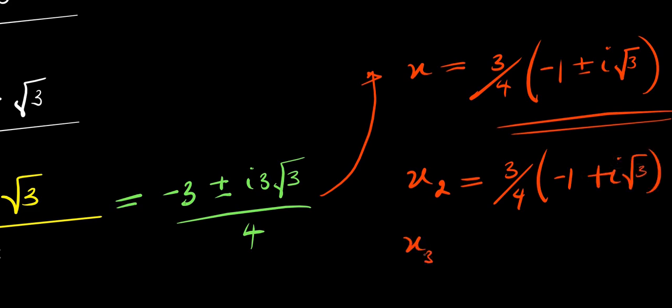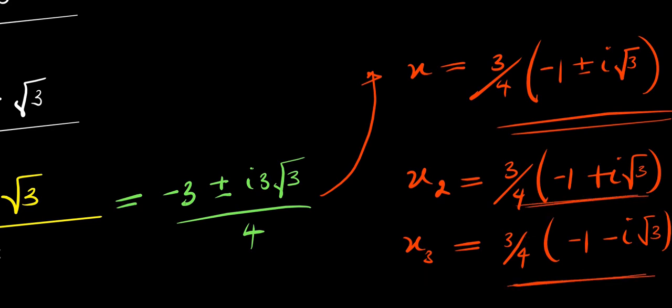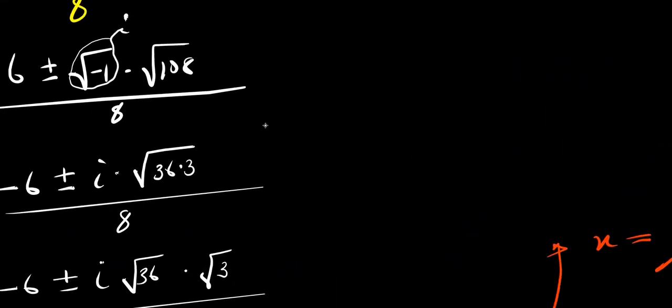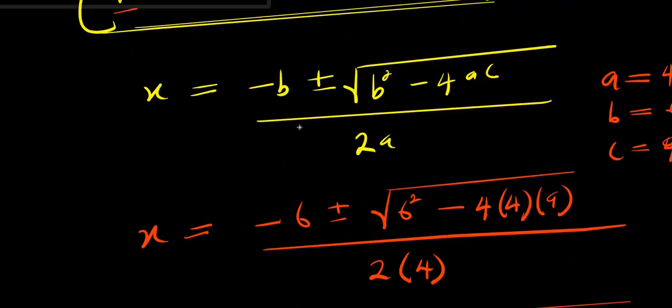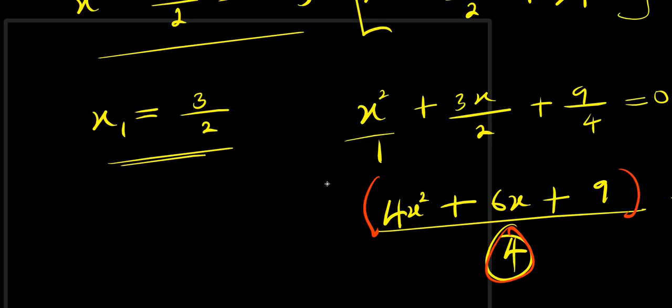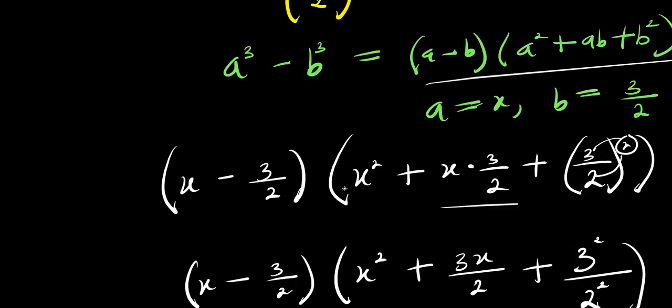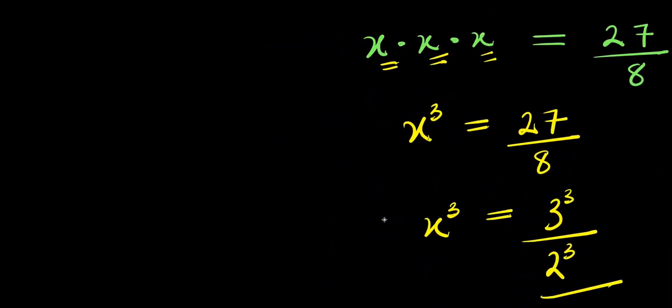And I have x3 is 3 over 4 of negative 1 minus i root 3. So these are the two complex values for x. We also have one real value for x, which is this 3 over 2 here, which we are going to insert into this equation here.